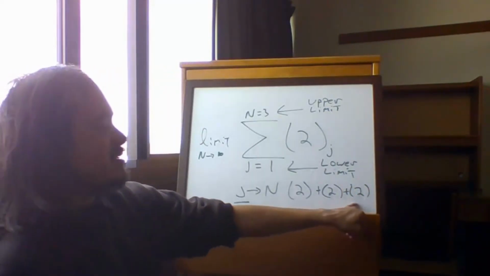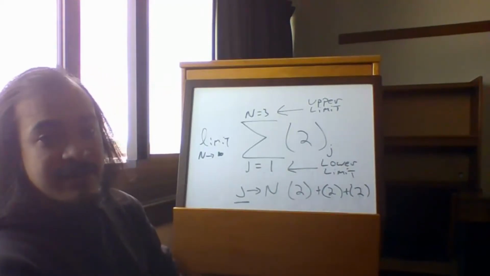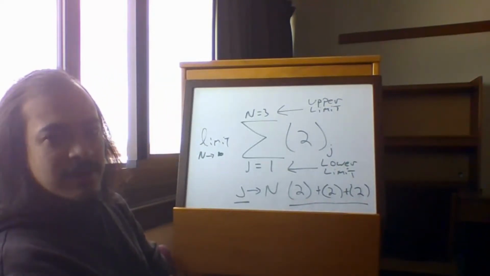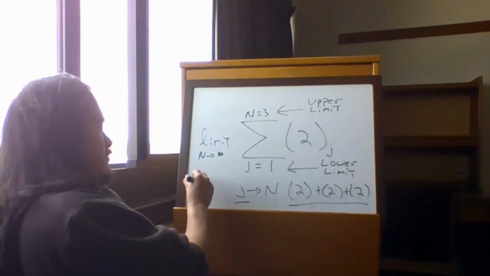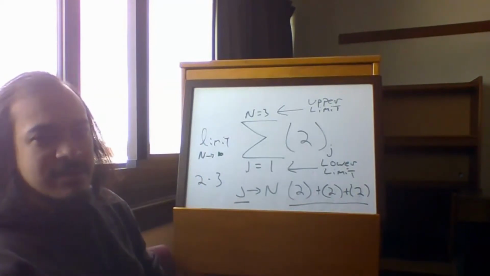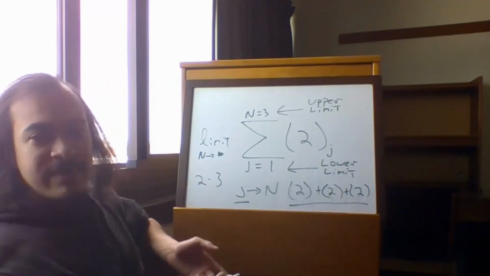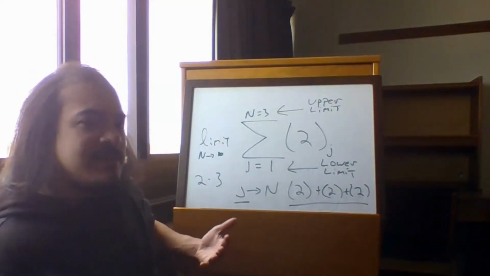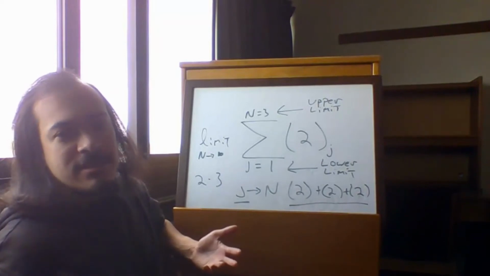Now this is what I end up with right here. And as you'll see, all of this is literally just 2 times 3. So the summation notation is an alternate, more advanced form of multiplication.